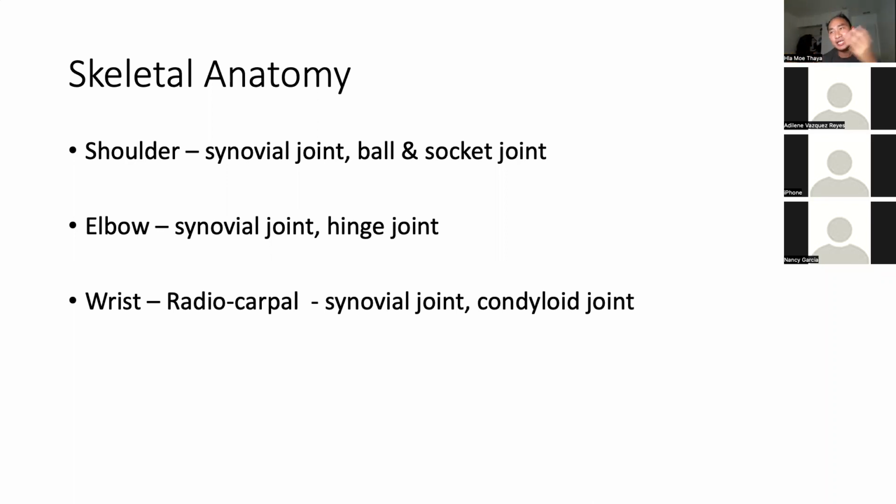What about the little bones, which we remember as carpal bones, and the joint between the distal radius and these carpal bones, which we call radiocarpal joints? They are again synovial joints, but they are condyloid joints. So they are just moving and shifting on each other. So that is a little bit back to skeletal anatomy.